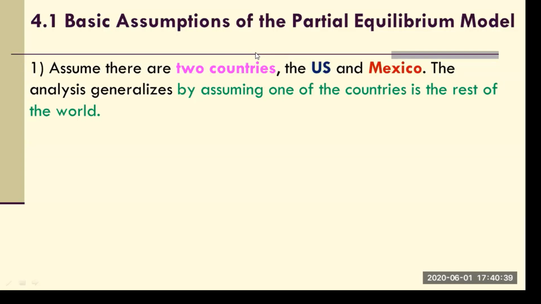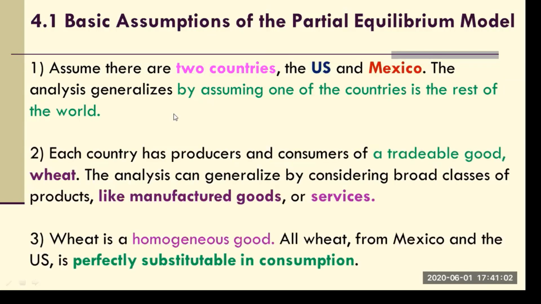We are going to take only 2 countries, like US and Mexico. The analysis can be generalized by assuming one of the countries represents the rest of the world. So let us use US and Mexico as an example.